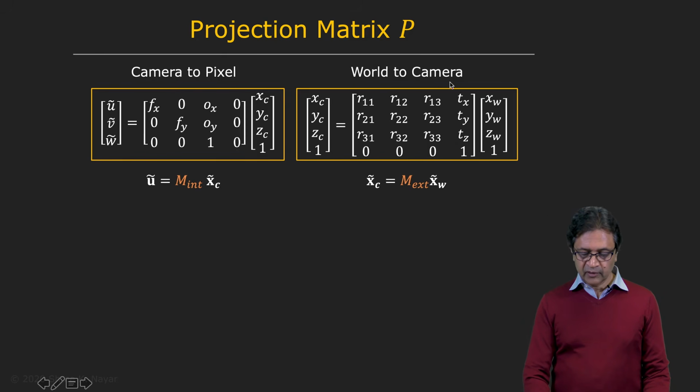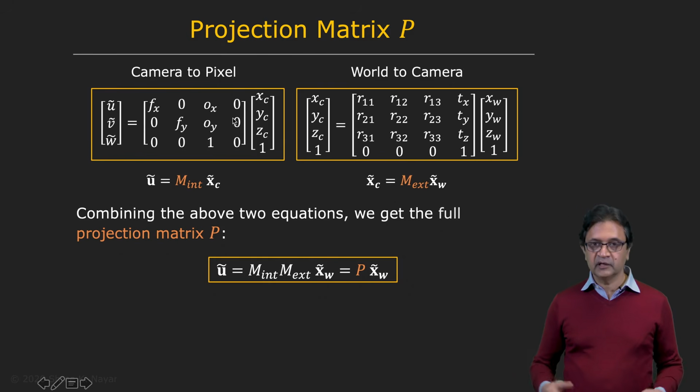So here you have your mapping from world to camera using your extrinsic matrix, which takes you from XW to XC. And here, XC goes to UV in the image, pixels. So you're going from millimeters perhaps in a world coordinate frame to pixels. And so you go from XC to pixels, UV, using your intrinsic matrix M intrinsic.